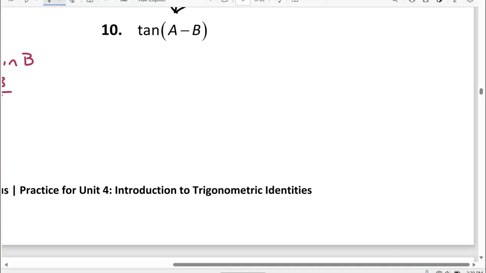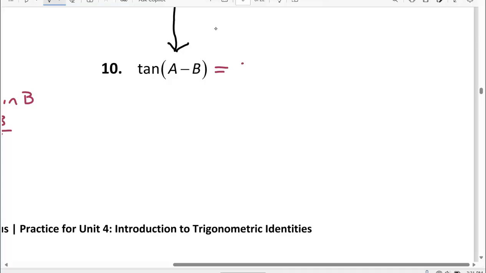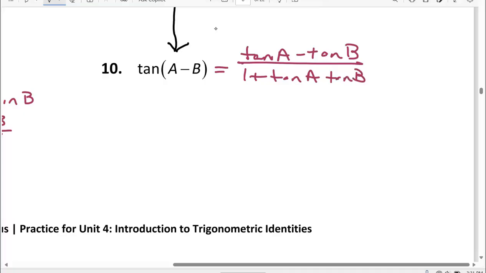For number 10, tangent of A minus B is equal to the quotient tangent A minus tangent B all over 1 plus tangent A times tangent B. So now we're going to want to refer to the drawings.